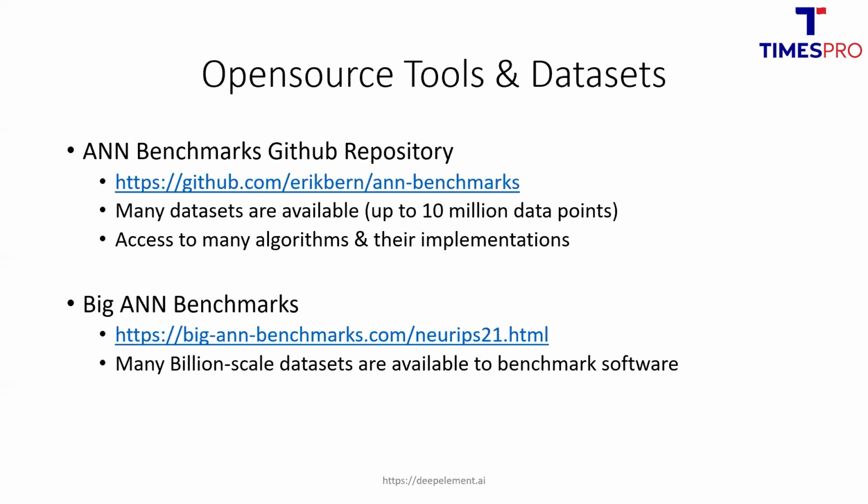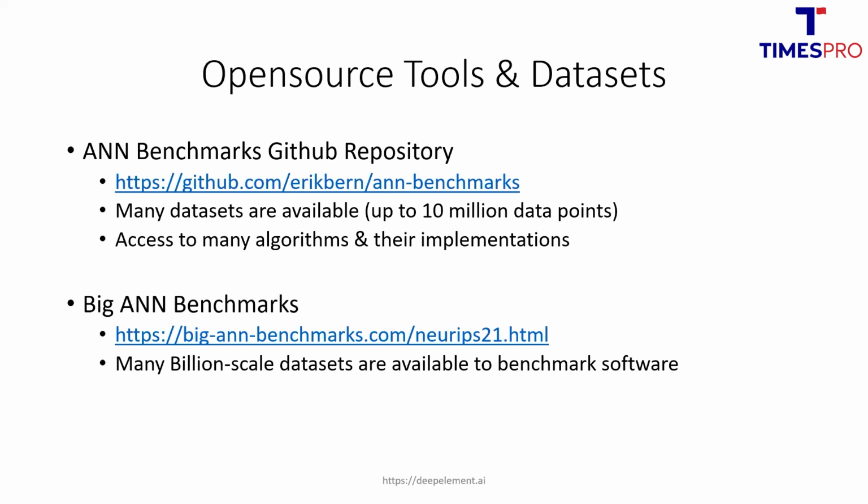Now here are two very good resources. First is the ANN benchmarks GitHub repository. This repository not just provides you with data sets, it also provides you with links to many other open source implementations of around 20 to 30 algorithms.